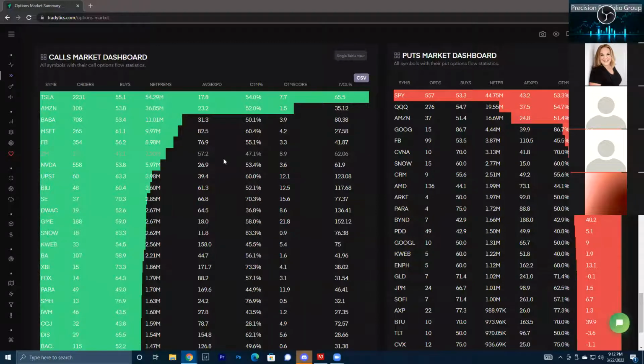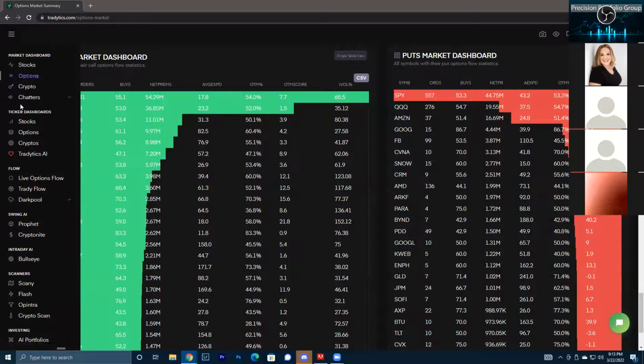And this is one of the reasons why Tesla was just booming today, because all these premiums were just jumping in. And there's some put calls for SPY, Amazon, QQQ. You definitely want to look at your chart to see what you want to do. But this here will help.